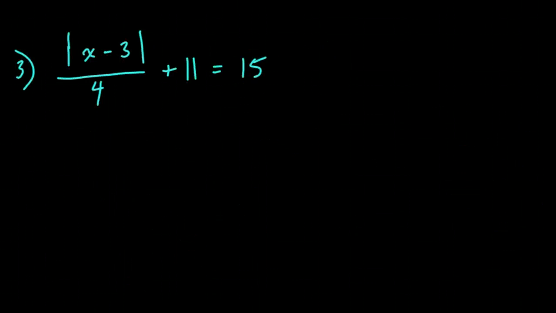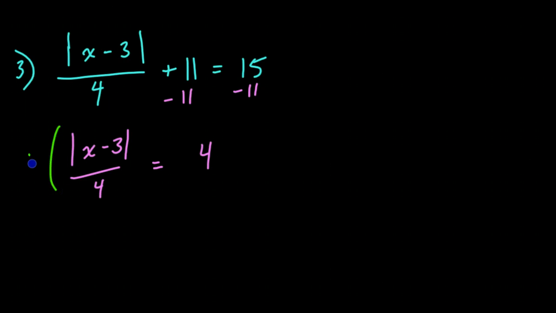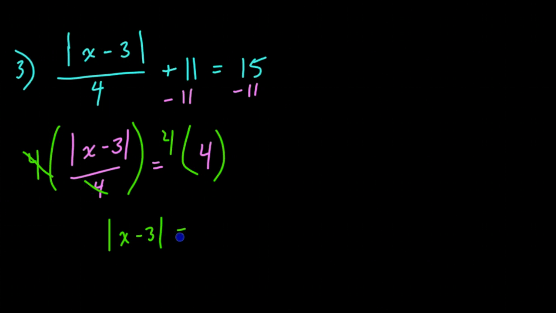Let's go on to example 3. Subtract the 11 on both sides. After I do that, I've got the absolute value of x minus 3 divided by 4 equals 4. If I multiply both sides by 4, I get the absolute value of x minus 3 equals 16.